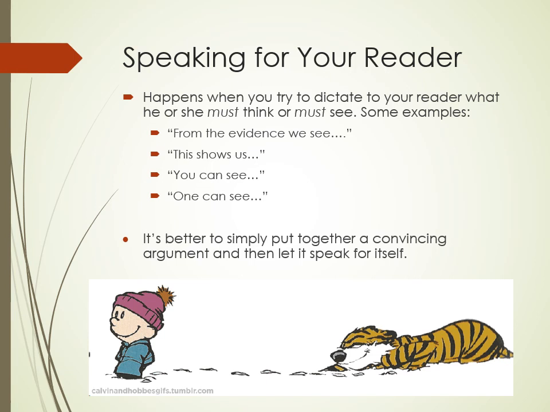And if you convince people on their own, they're going to be 10 times more convinced than otherwise, if you let them make the decision instead of telling them what they have to think.